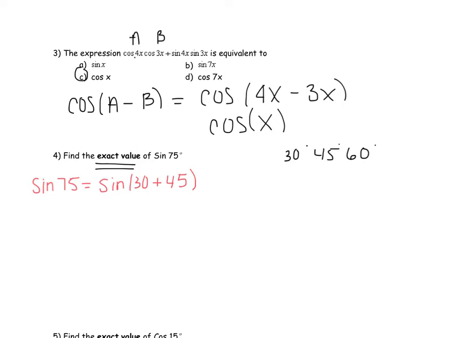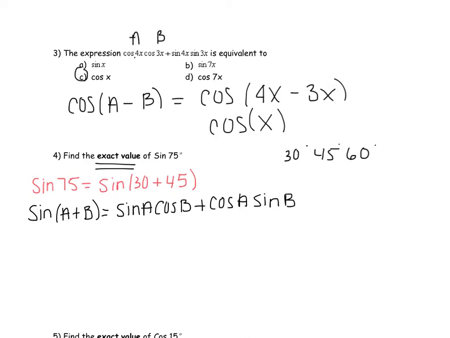So let's write down the sine A plus B formula. Sine A plus B equals sine A cos B plus cos A sine B. And remember, A is 30 and B is 45.